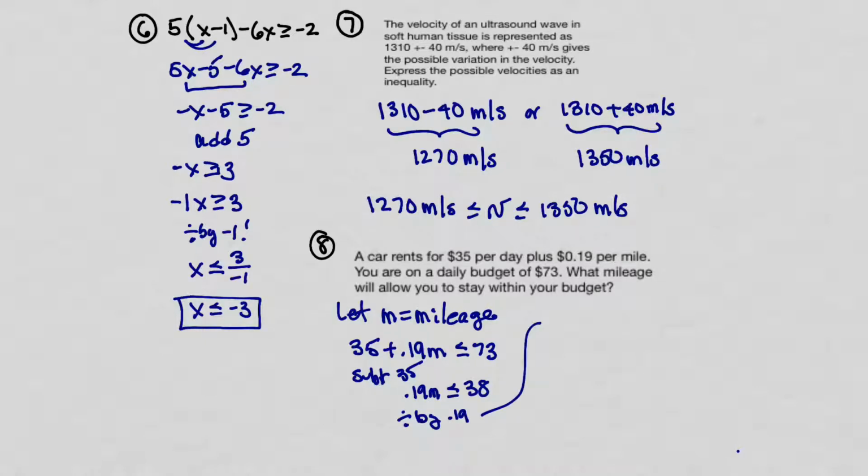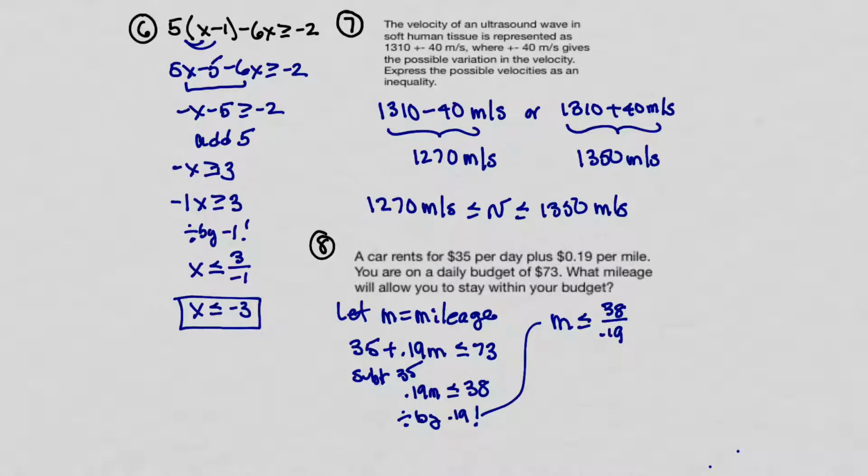So if we divide, now alert, right, because we're making a division. If we divide 0.19 m by 0.19, we'll get 1 m, or just m. Now, because we're dividing by a positive, this symbol does not change direction. So we're going to get less than or equal to 38 divided by 0.19.